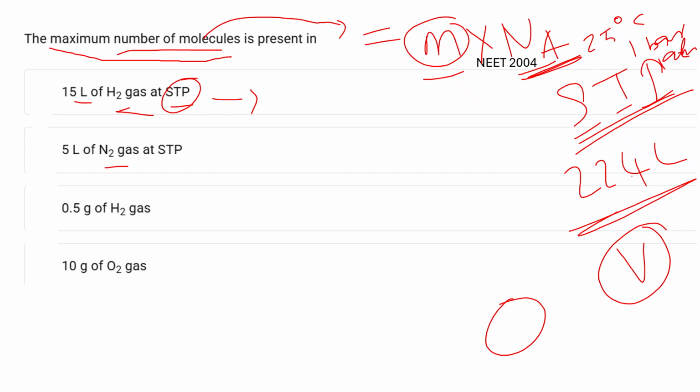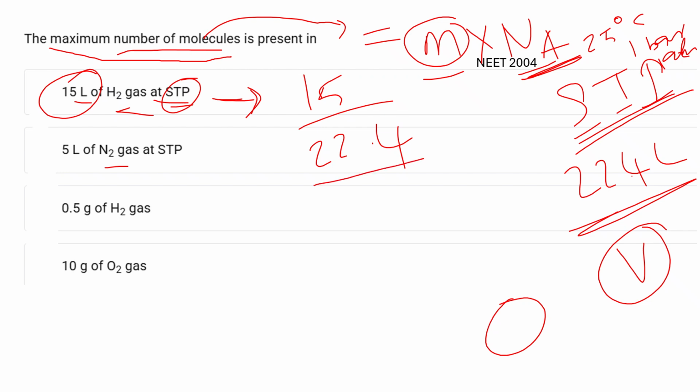Then how do we find the number of moles from this? 15 liter at STP means 15 divided by 22.4. Hydrogen gas should occupy 22.4 liter for 1 mole, because I already told you that 1 mole of gas occupies 22.4 liter at STP.